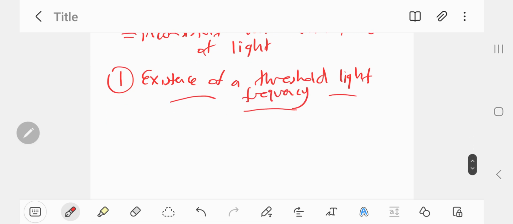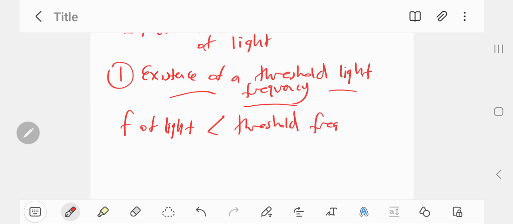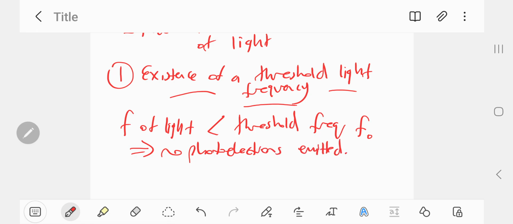What was found was that if the frequency of light, f of light, was below some specific threshold frequency, f sub naught by convention, then no photoelectrons, so electrons emitted due to light, were emitted from the metal surface.